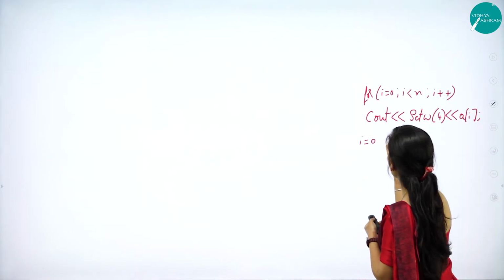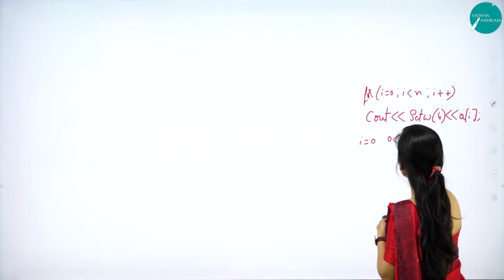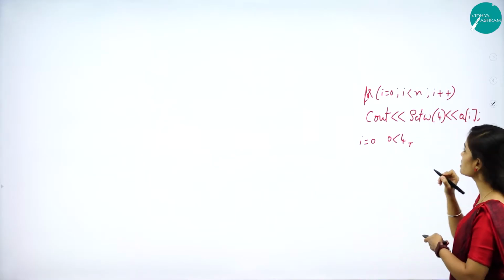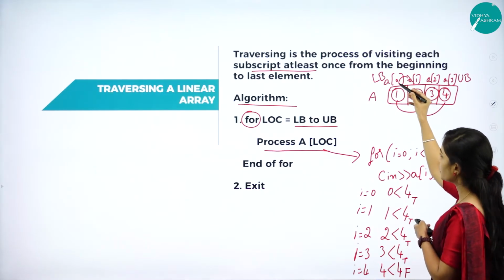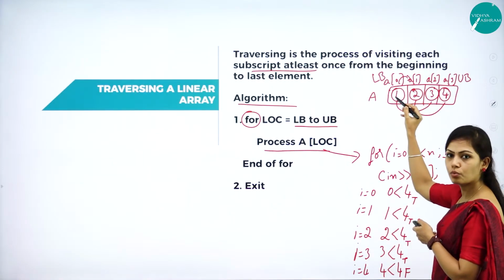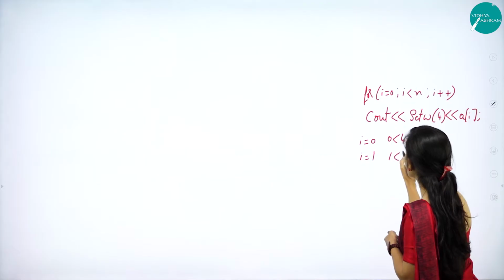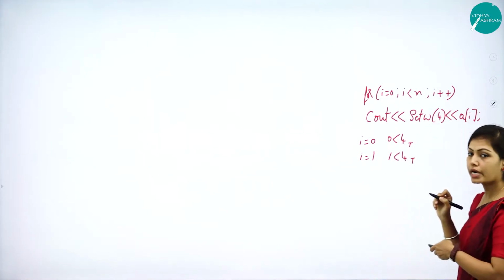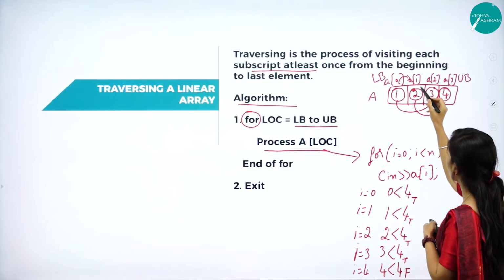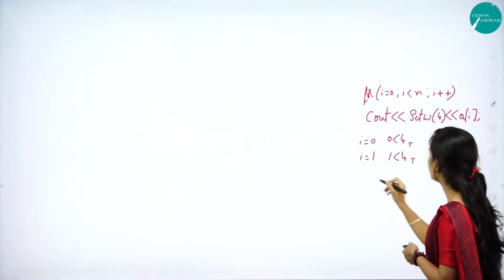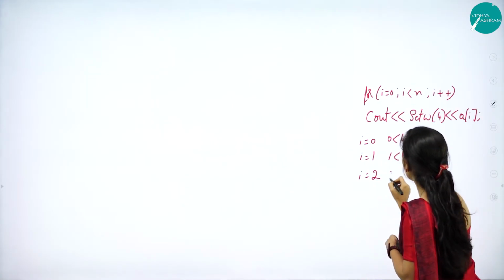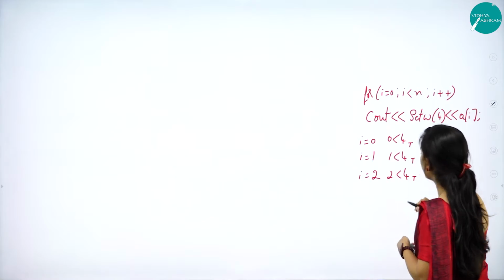Again, I is equal to 0, 0 less than 4, yes, condition is true. Condition is true means in A of 0 it prints element 1, and I is equal to 1, 1 less than 4, yes, condition is true. In A of 1 it prints 2, and I is equal to 2, 2 less than 4, yes, condition is true.